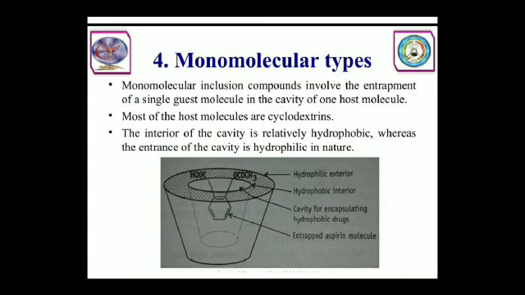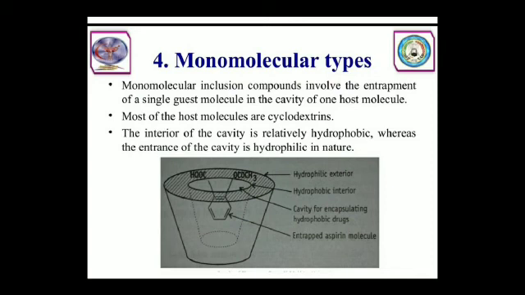The interior of the cavity is relatively hydrophobic in nature due to the presence of methyl groups. The entrance of the cavity is hydrophilic in nature due to the presence of carboxylic or hydroxyl groups. The center forms a hydrophobic cavity for encapsulating hydrophobic drugs.